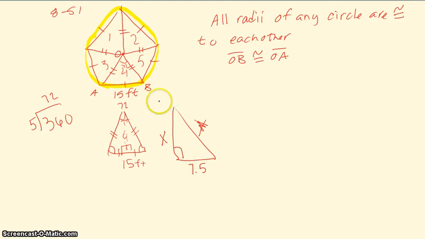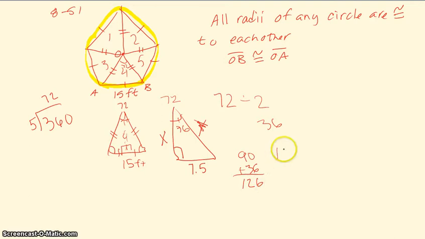And we do know that this was 72, but now we split it into 2, so 72 divided by 2 is 36. So we know that this angle is 36. And then 90 plus 36 is 126.